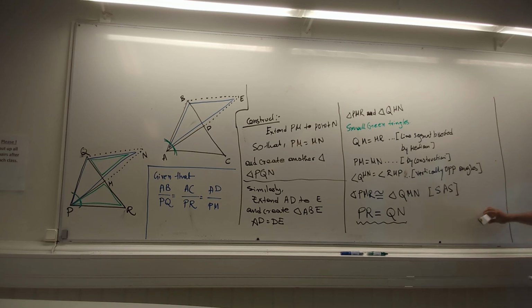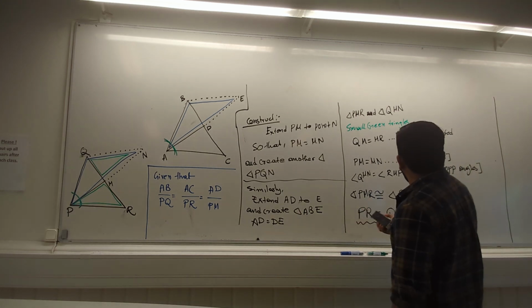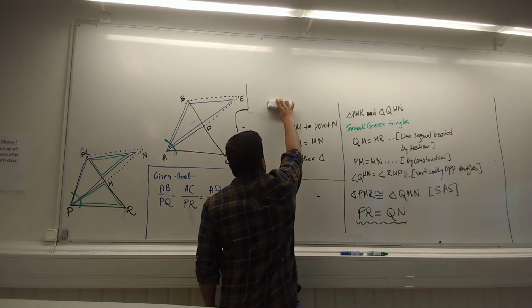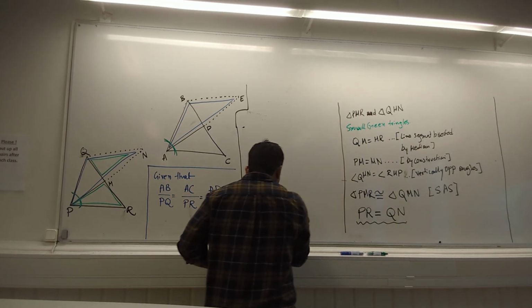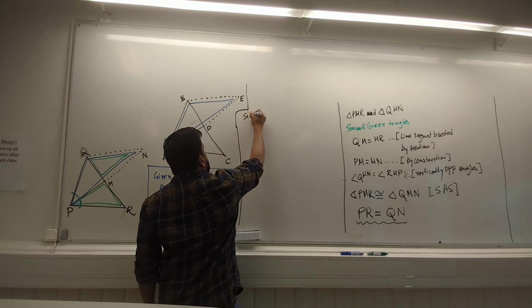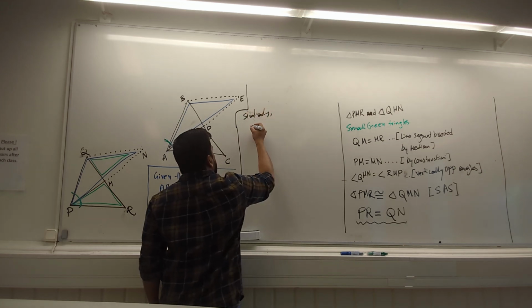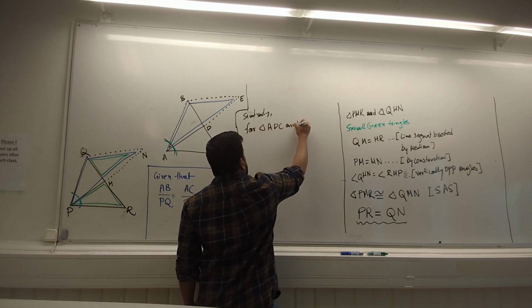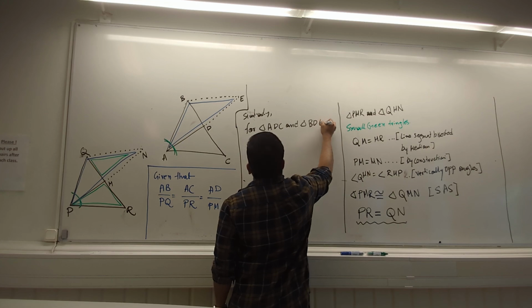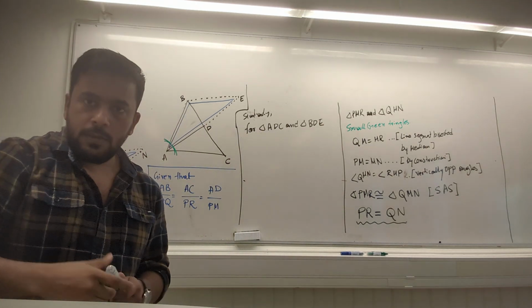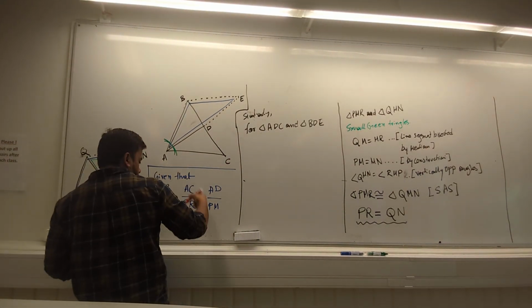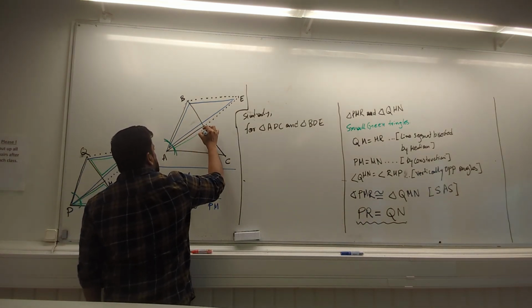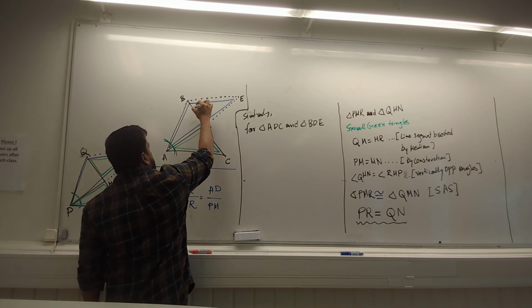Now if I remove this part, similarly for triangles ADC and BDE, we can say in a similar manner, we can also create two small green triangles here. One is this one, and the other one is up here.